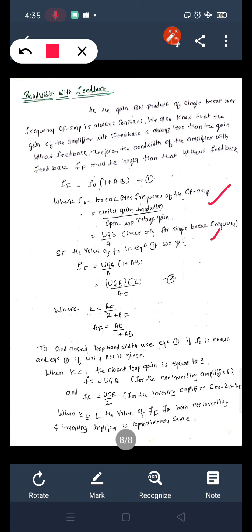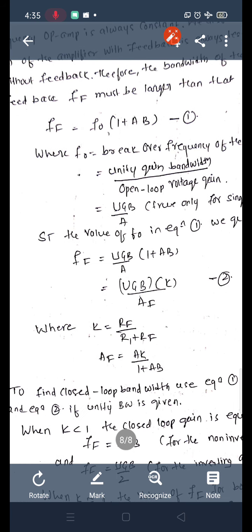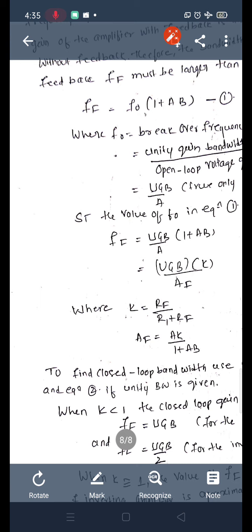You know the relation that the feedback voltage gain AF is equal to AK divided by 1 plus AB, and hence you can represent UGB times 1 plus AB divided by A as K divided by AF, giving equation 2. Here K is equal to Rf divided by R1 plus Rf, and AF is equal to AK divided by 1 plus AB.